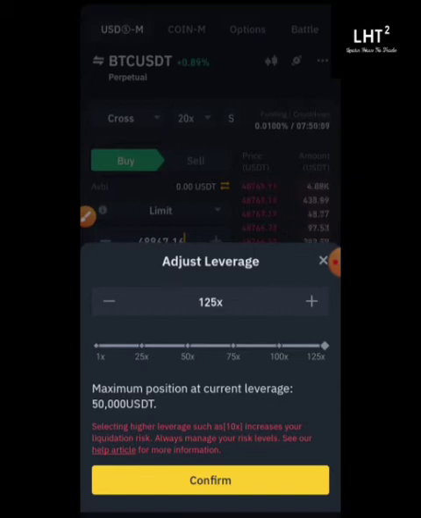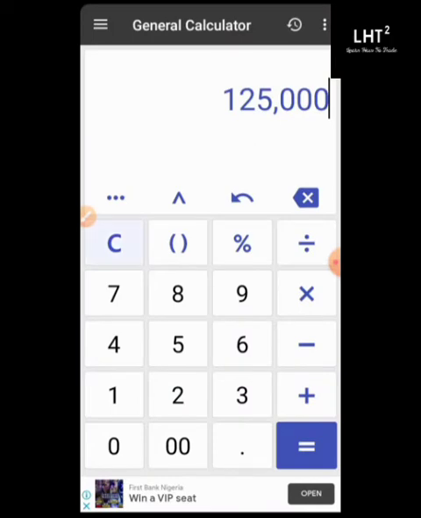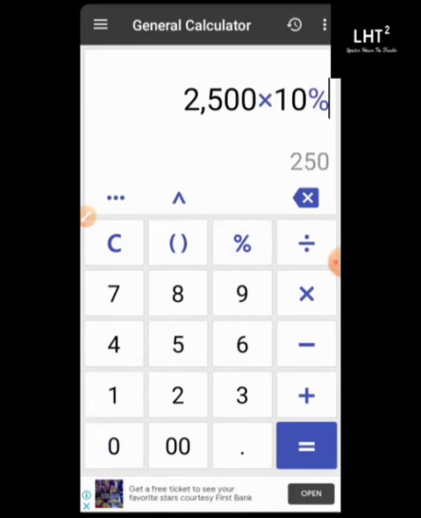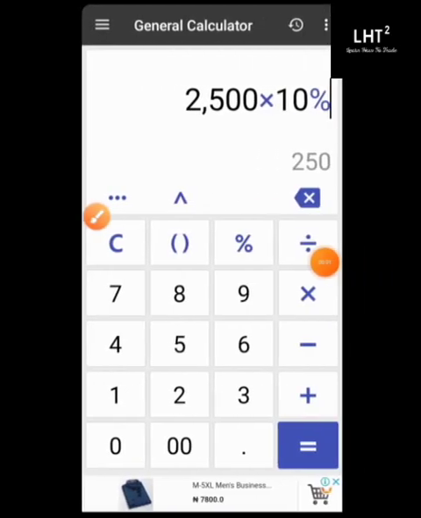Once you enter a trade with $50 using 50x leverage, and you make, let's say, 10% out of that trade, what you're getting is $250. Binance is not giving you back that $50 you think you used. The percentage of the particular amount Binance lent you is what you get.